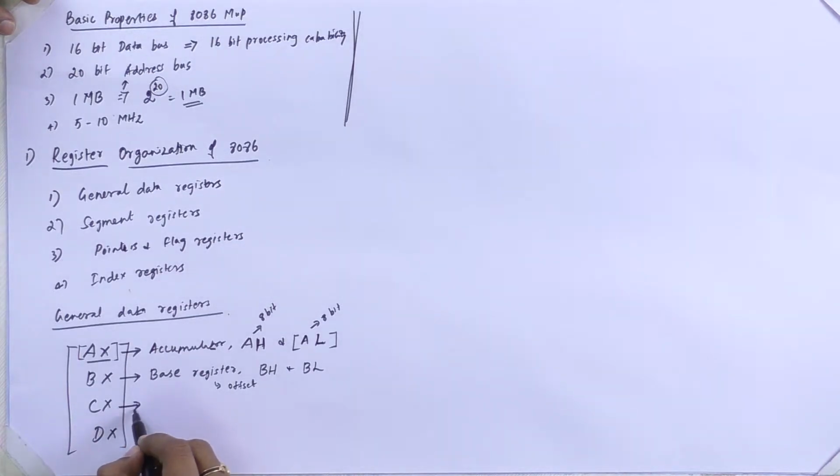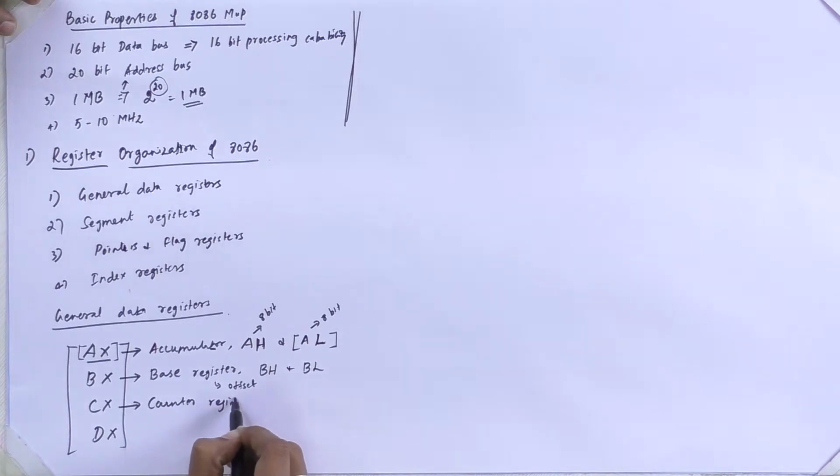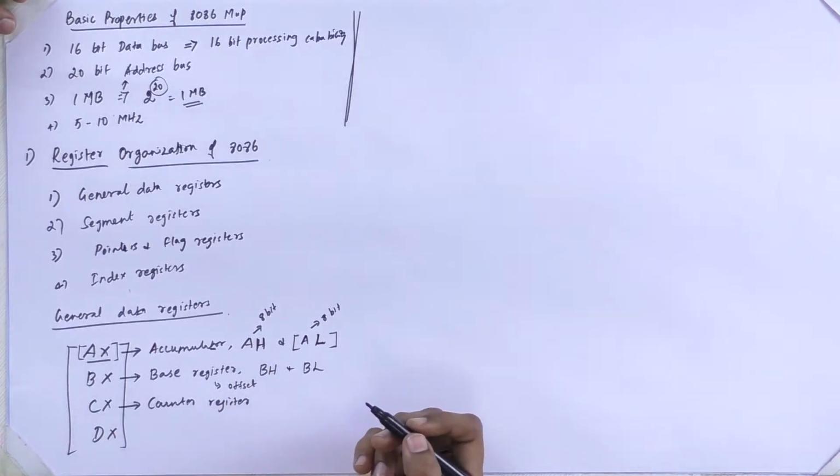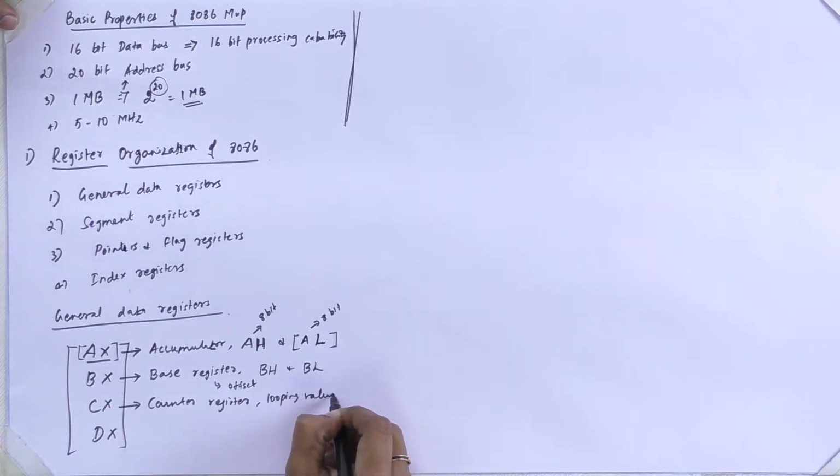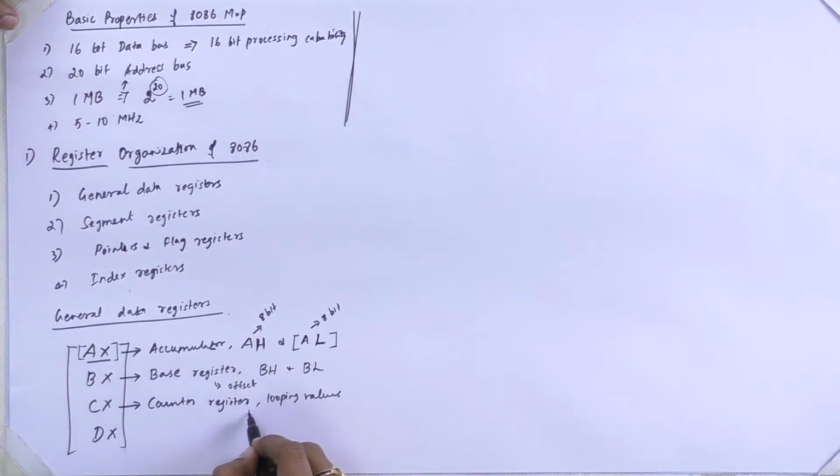And CX is called the counter register, and this counter register is used for storing looping values in case of any string operations, and it is also classified as CH and CL, that is higher order register and lower order register.